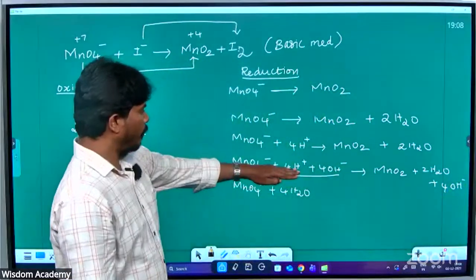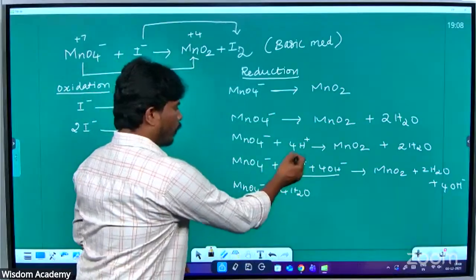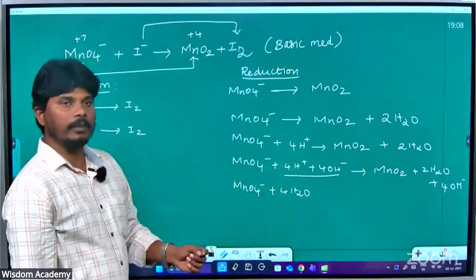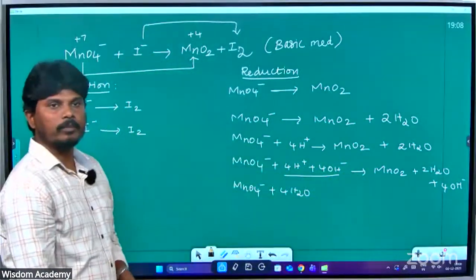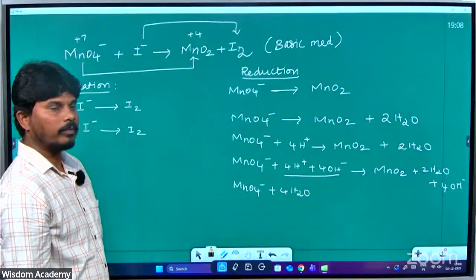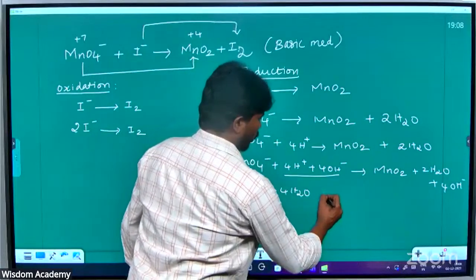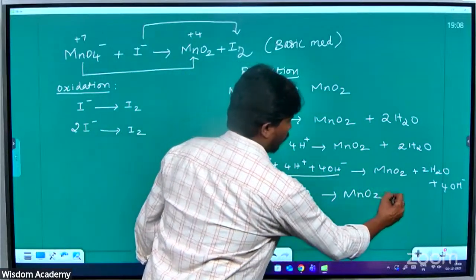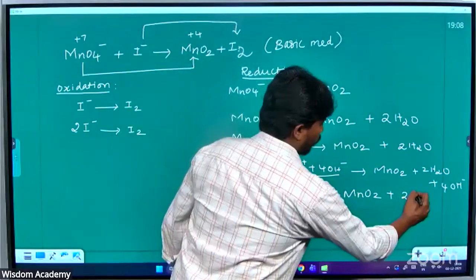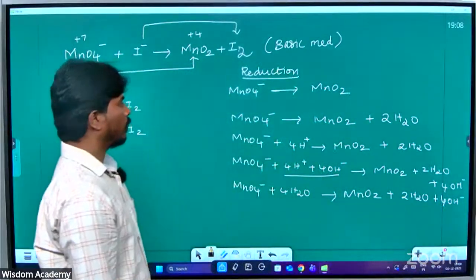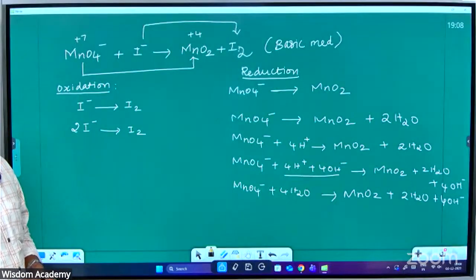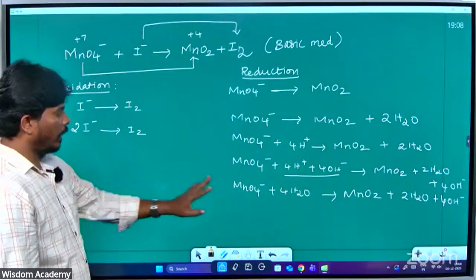Listen, this step is very important: to remove the H plus ions in the equation, we add a suitable number of hydroxyl ions on both sides. Splitting up the equation and then balancing is done.